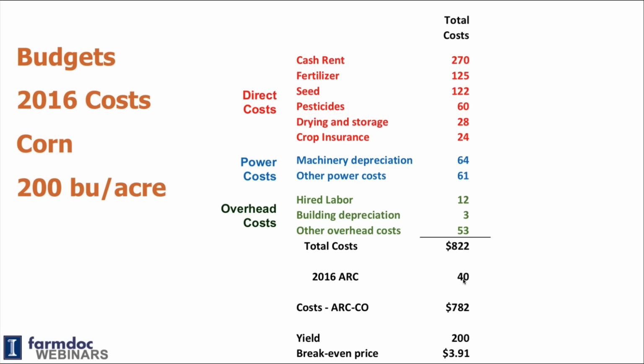Given prices below $3 or $4 on corn, we would likely have a payment, but we aren't near the point of determining those. That gives us total cost minus that ARC county payment of $782. If we're looking at a 200 bushel yield and lower the yield, lower the cash rent, you'll probably have roughly the same sort of situation here.